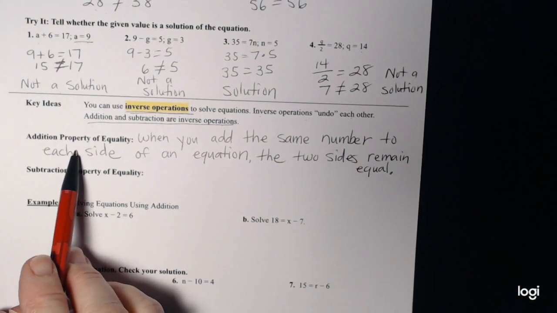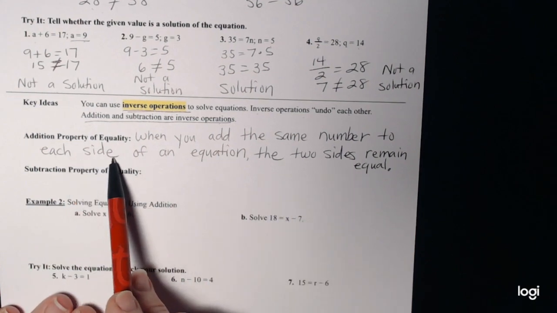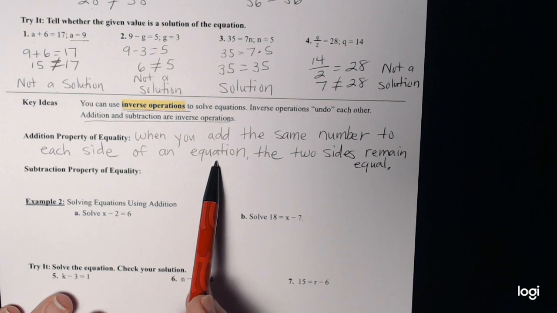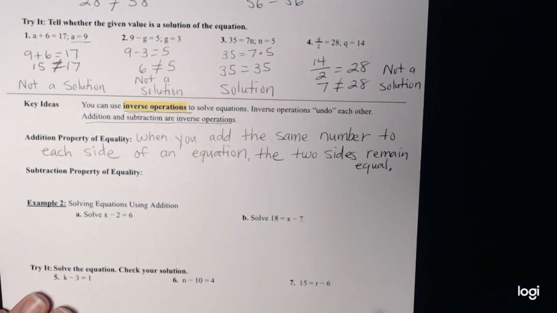So the addition property is when we add the same number to each side of an equation, the two sides remain equal. And I'm going to show you exactly what that means here in a minute.